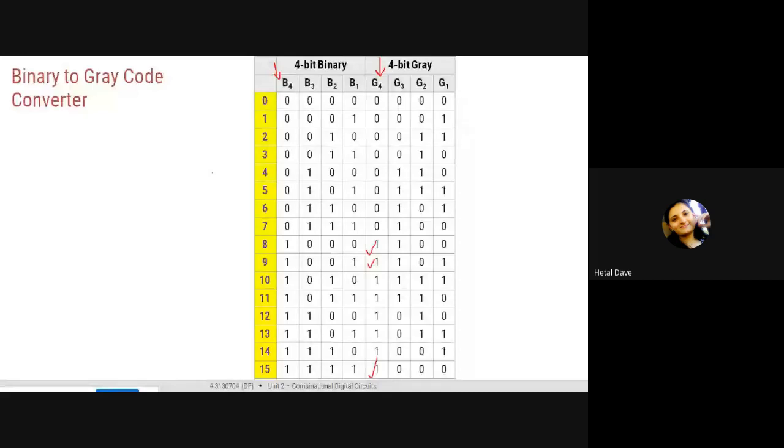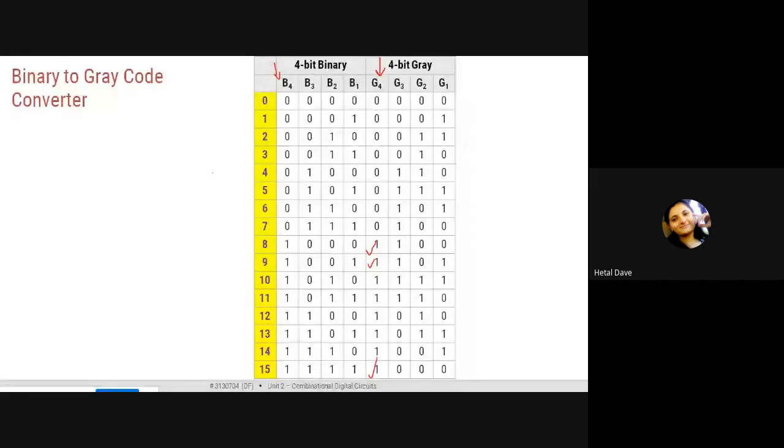Okay. The same equation is there. Write down the equation. Those who didn't get the answer, write down the equation. The equation is not mentioned in the PPT. It will be available in your book only. Write down G3 is equal to B3. G2 is equal to B3 XOR B2.